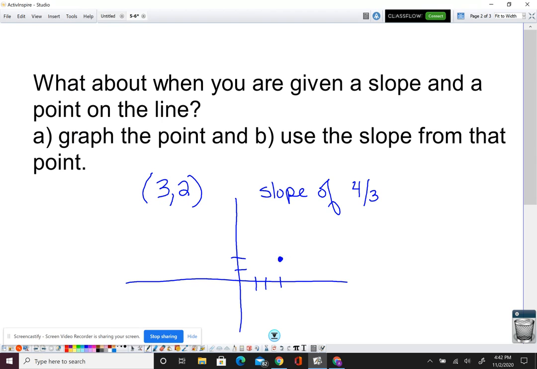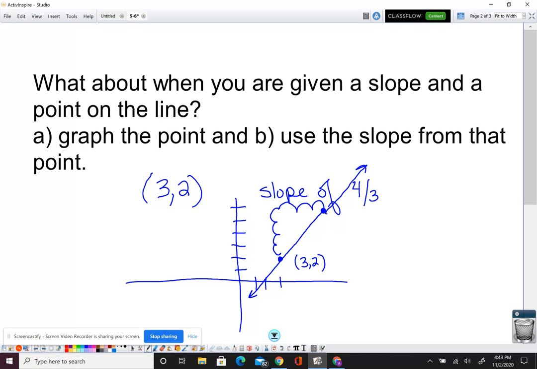From that point, I go up 4, my rise of 4, 1, 2, 3, 4, and my run of 3, 1, 2, 3. Our run is always going to be to the right. We're not going to run to the left.